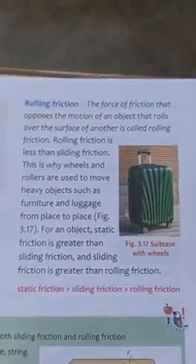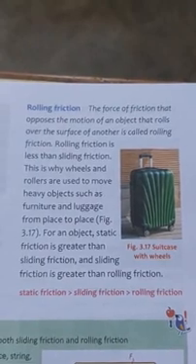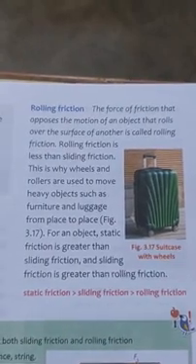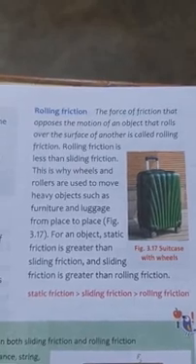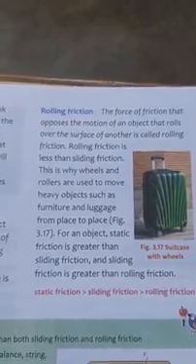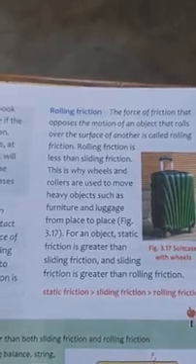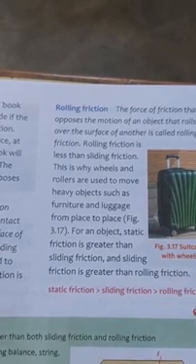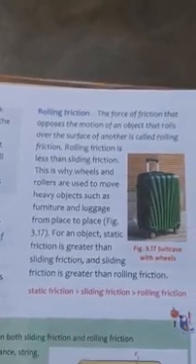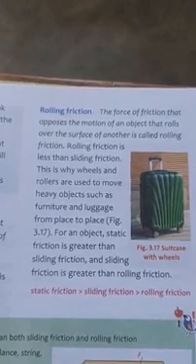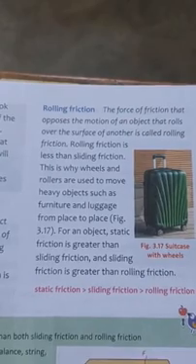The type of friction that opposes the motion of an object that rolls over the surface of another is called rolling friction. Rolling friction is always less than sliding friction. That's why wheels and rollers are used to move heavy objects such as furniture and luggage from place to place. For an object, static friction is greater than sliding friction, and sliding friction is greater than rolling friction.